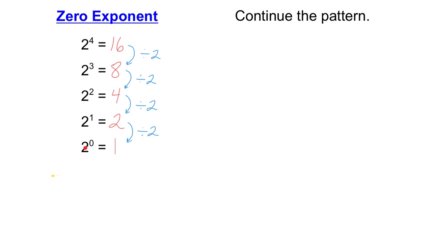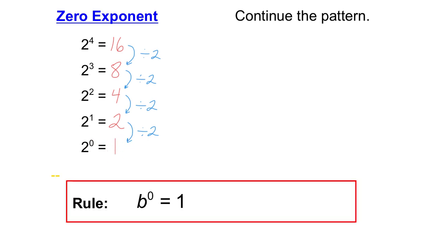Okay, so 2 to the exponent 0 has an answer of 1. In fact, that's the rule. Any base with an exponent of 0 has an answer of 1. You can do this same activity for any base in a power, and you'll always get to an answer of 1 at this point. Whatever the base is, if the exponent is 0, your answer will always be 1.